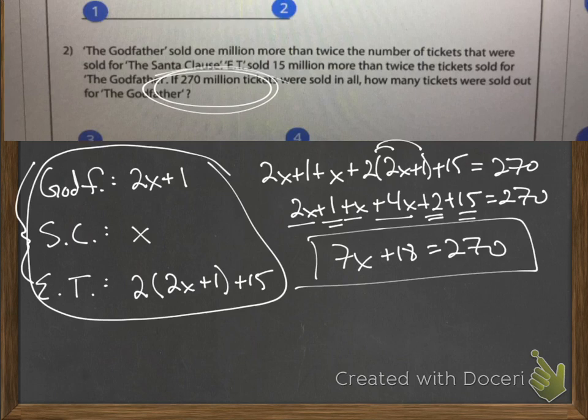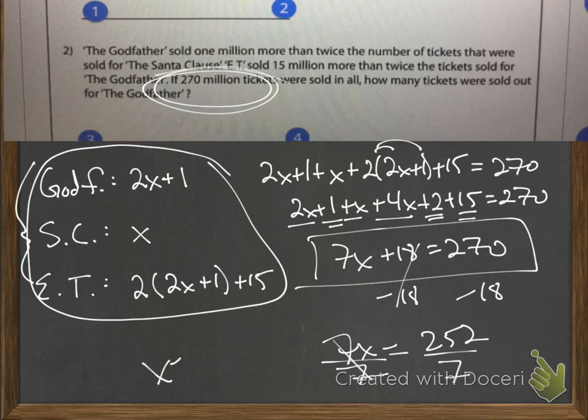What's cool, though, is for solving, I now have a 2-stepper. I'm going to subtract 18 from both sides. So 270 minus 18 is 252. Divide by 7. And I get 36 million tickets.